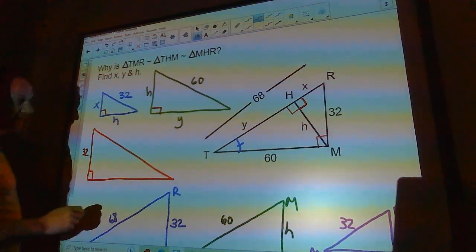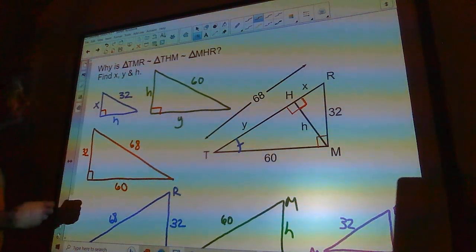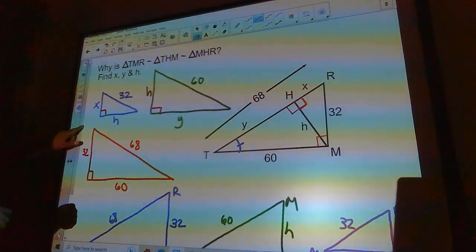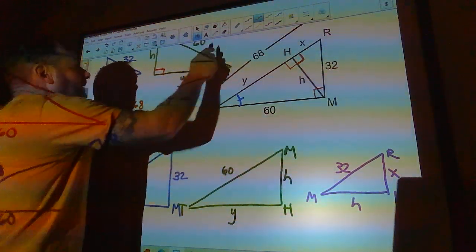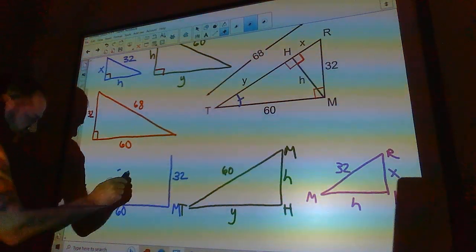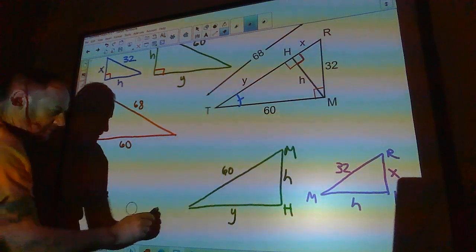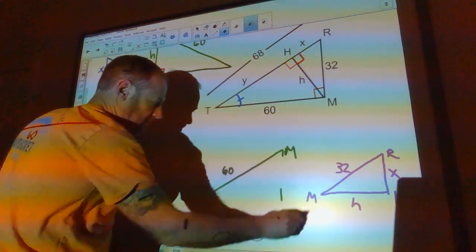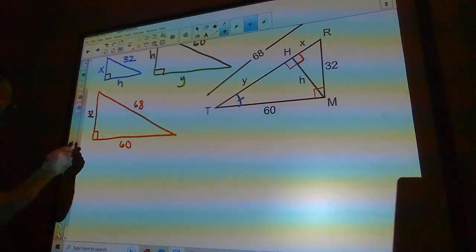There's my 90-degree angle. This is 60, and this is 68. I've already drawn these down here, apparently, so no need to have this on here twice. So I've got my three triangles here.